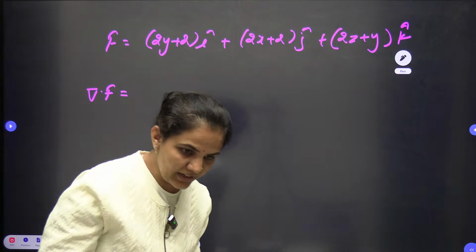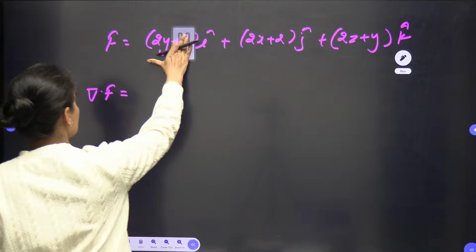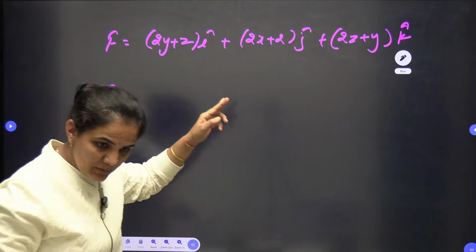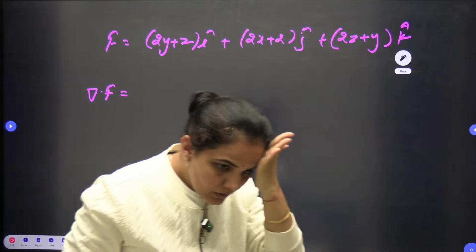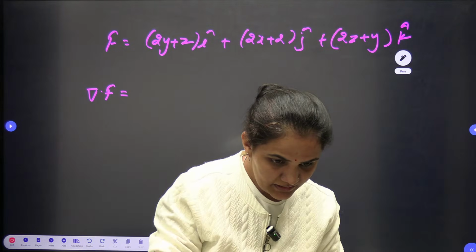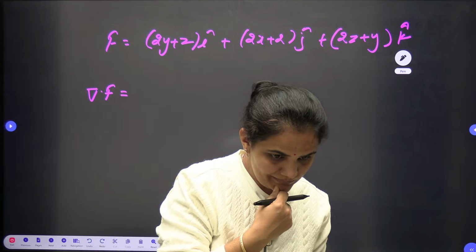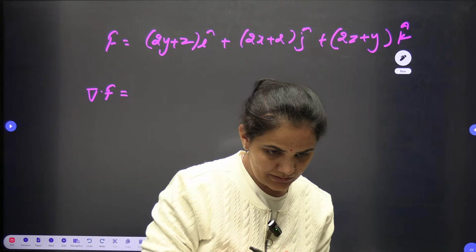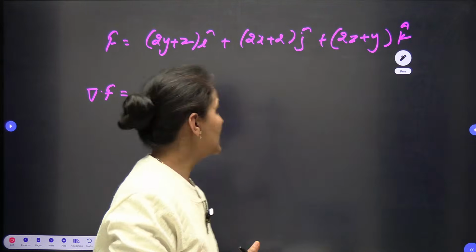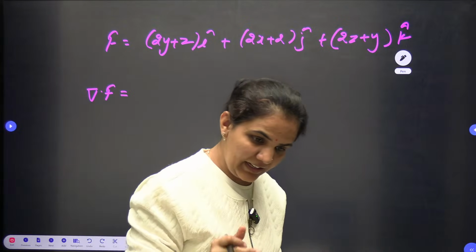Not 2, it's z. You are saying this is 2y plus z. Okay, if this is 2y plus z, then also 2y plus z, 2x plus 2. Please confirm. Is it 2y plus z? Is it 2x plus z? I'm not getting. Is it 2y plus z and again 2x plus z?